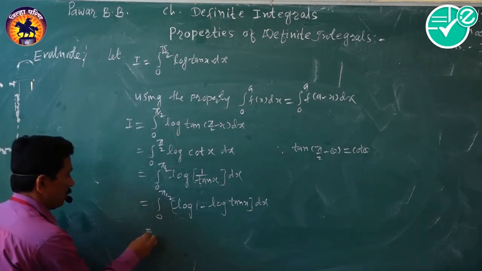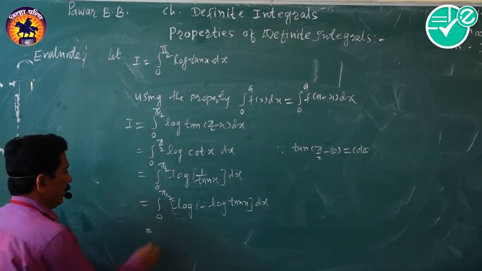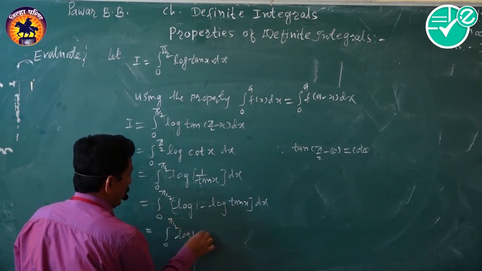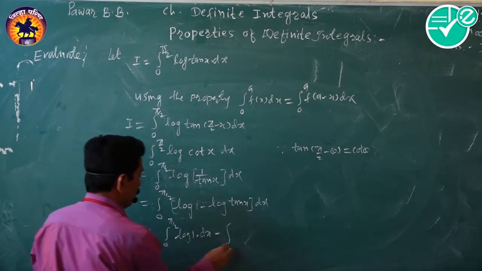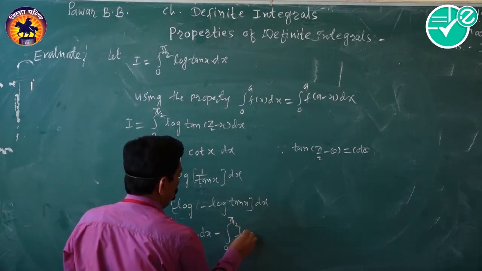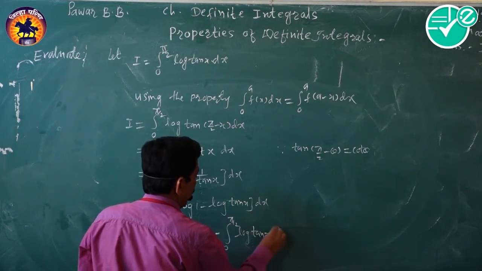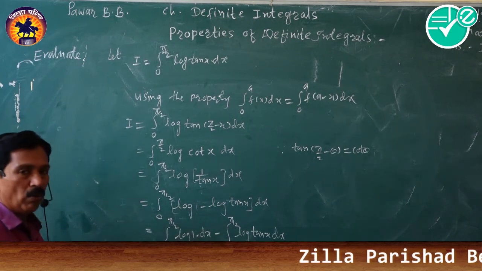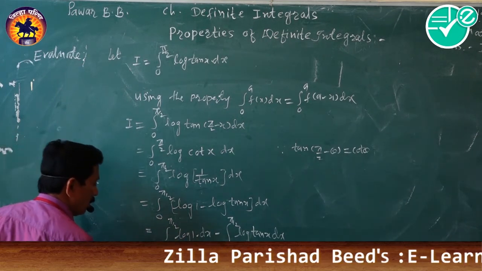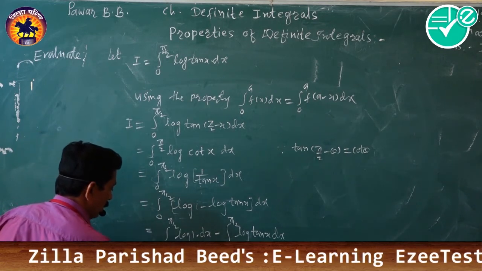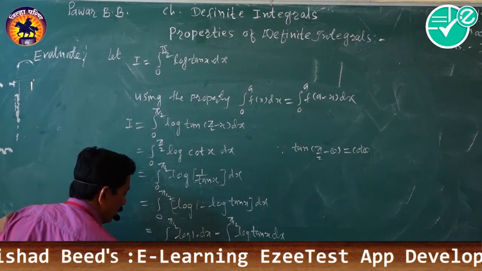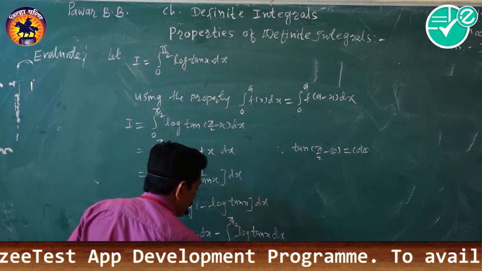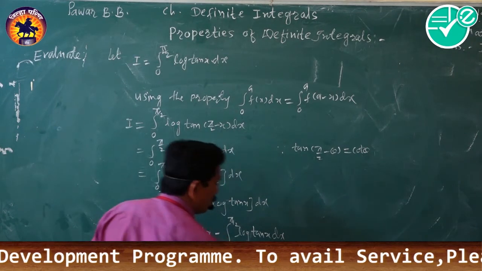This is equal to integration from 0 to pi by 2 log 1 dx minus integration from 0 to pi by 2 log of tan x into dx. Now this is nothing but, log 1 is 0, so 0 to pi by 2, 0 into dx minus I, since log 1 is equal to 0.